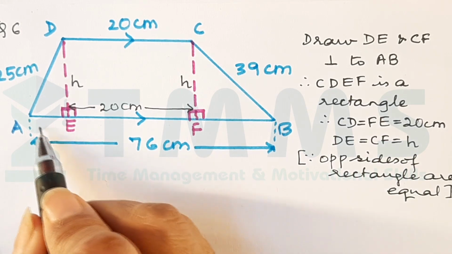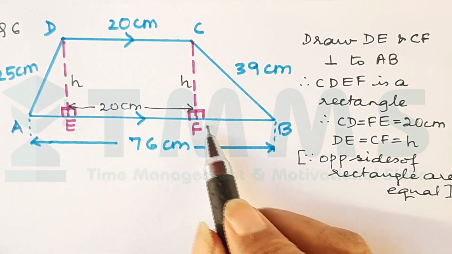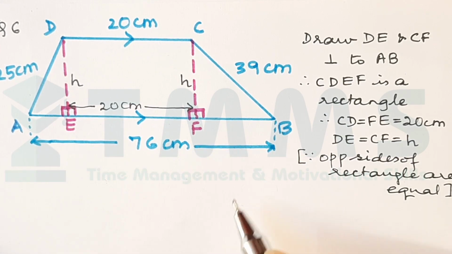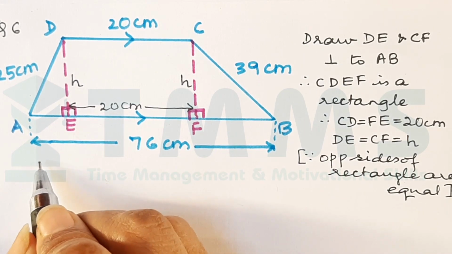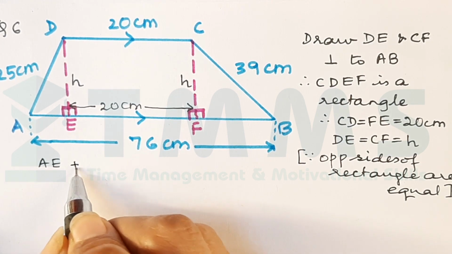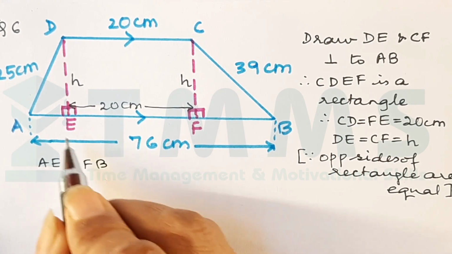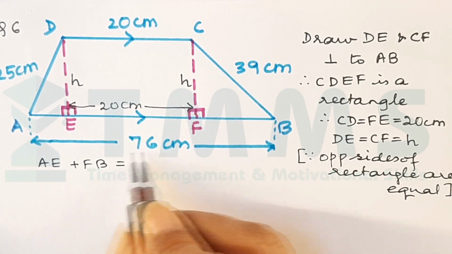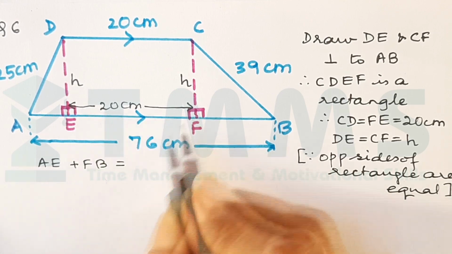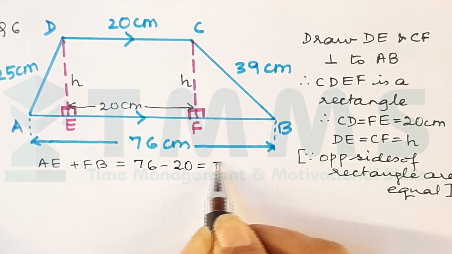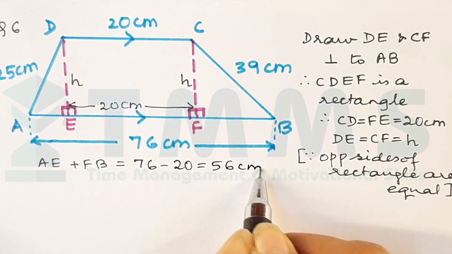Now, can you see that AE and FB we do not know, but we know this entire AB. So what we will have is our AE plus FB, that is this plus this, will be equal to this whole thing minus this 20, which means it is 56 centimeter.